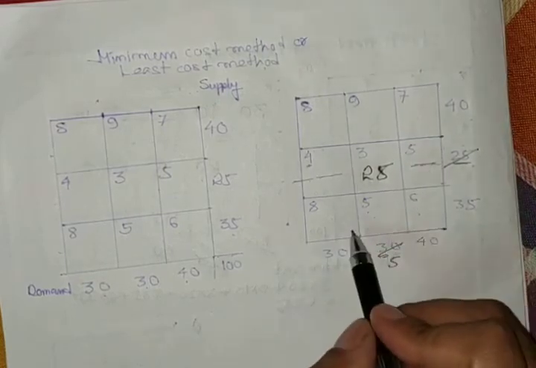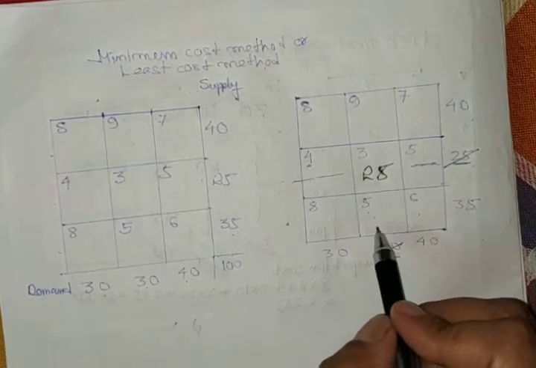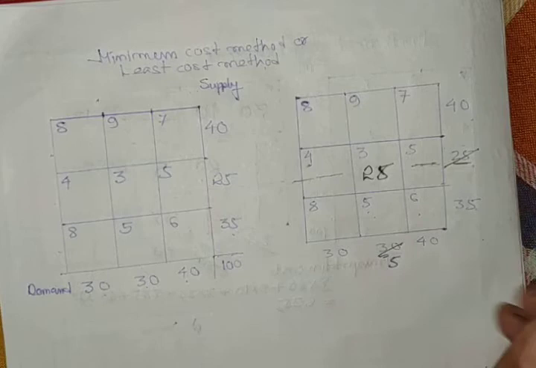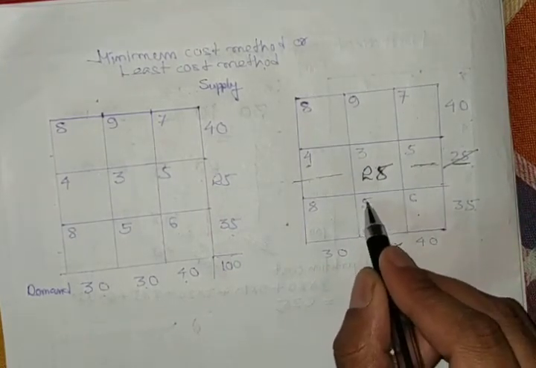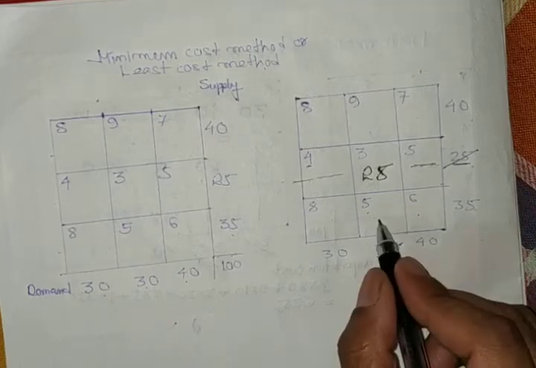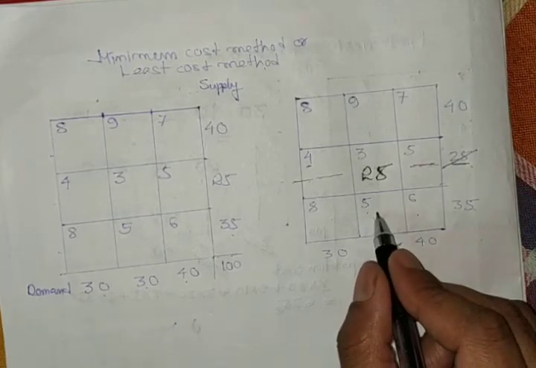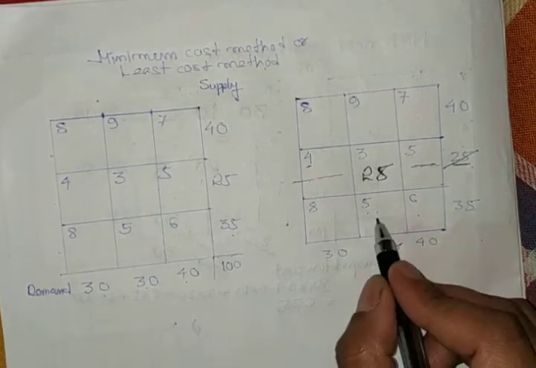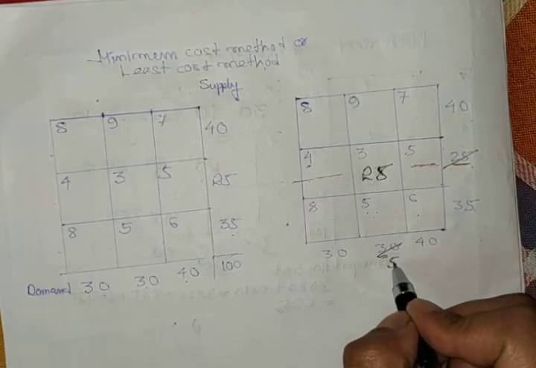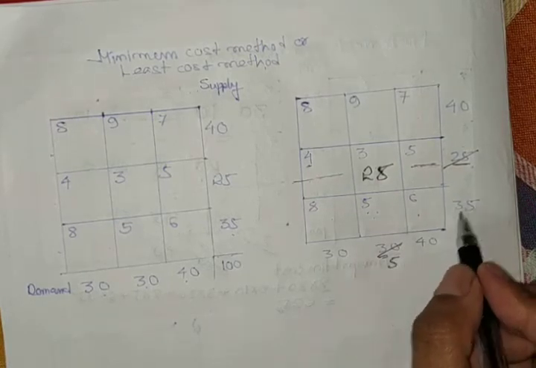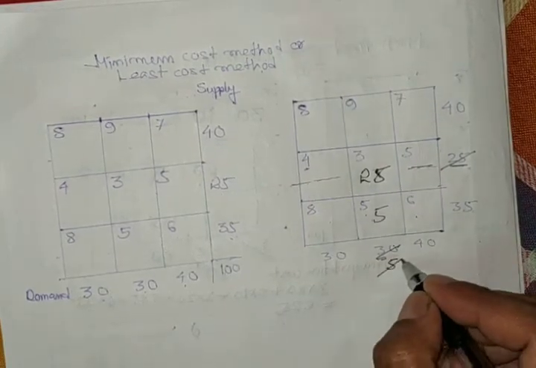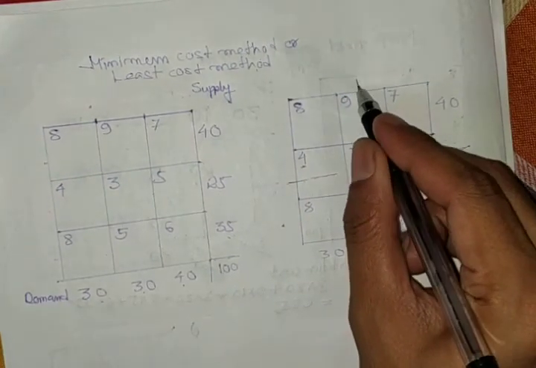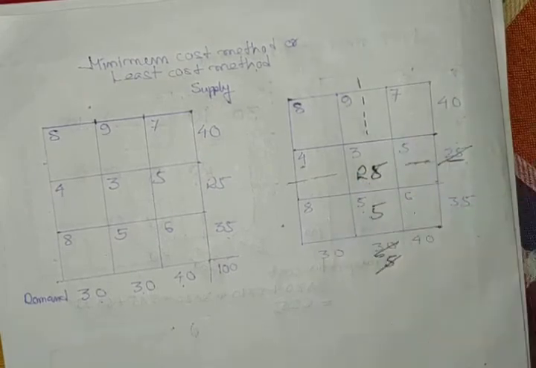Only 6 cells are unoccupied. Now you have to put something there. Among these, 5 is the least, so let's put something in this cell. Here we can put 5 or 35. The minimum is 5, so I put 5 here. If I put 5 here, it will be exhausted, and the column is also exhausted.